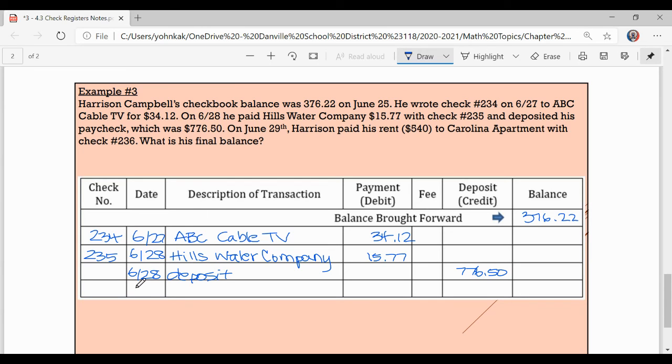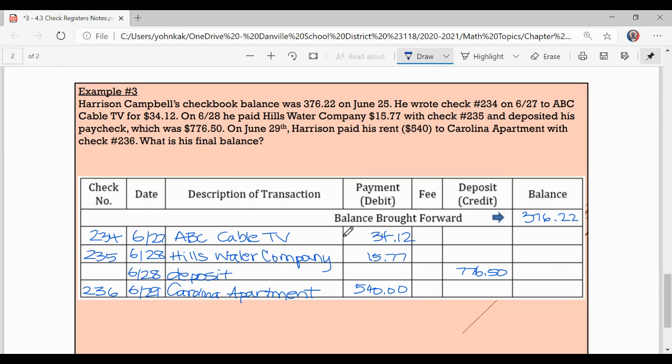Then on June 29th, Harrison paid his rent, which was $540, to Carolina Apartment with check number 236. What's his final balance?